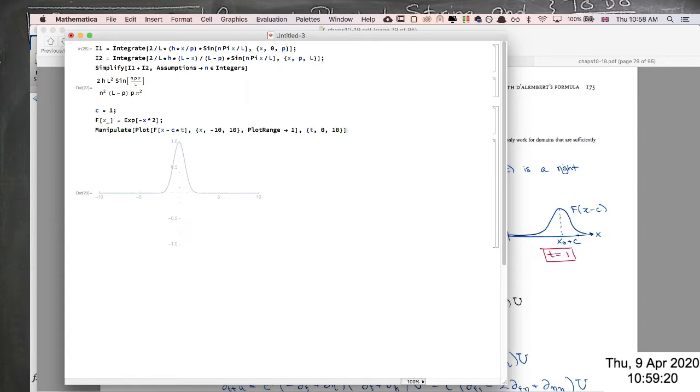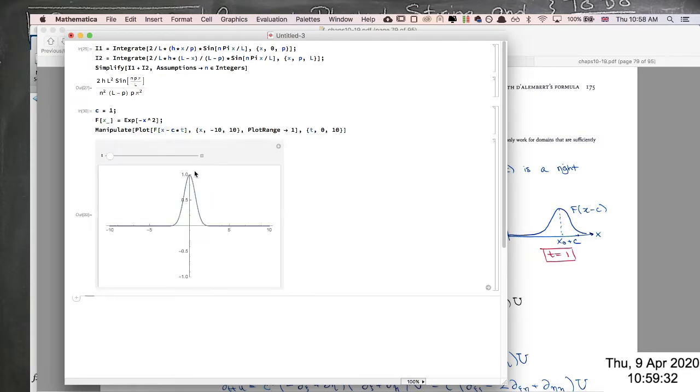What this command says is to put in different values of t that range from 0 to 10. You'll get a little slider bar for you to do that, and then plot what f of x minus ct looks like. And here it is. So when t increases, you see it's a right traveling wave.